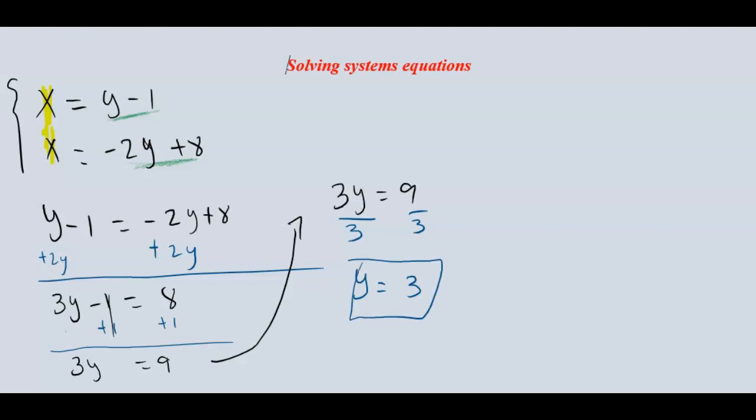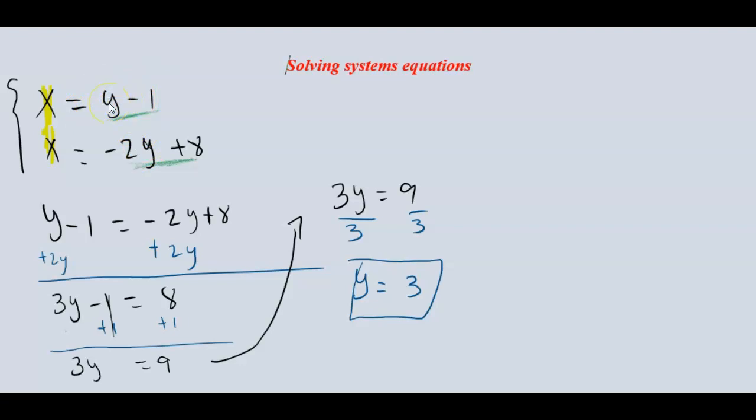So now, what we can do is take that value of y and substitute it in this equation right here. Again, it doesn't matter whether you substitute it here or here. You get the same answer. So I'm going to substitute in the first equation.